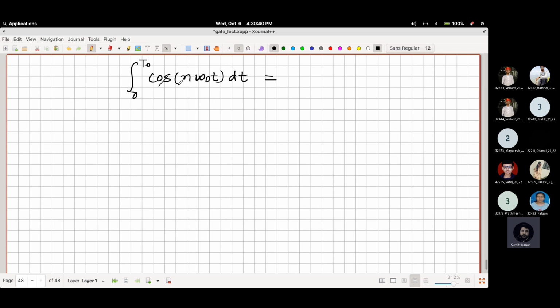Just tell me, what is the fundamental period of this cos n omega naught t? Its fundamental period is equal to what? T naught by n.